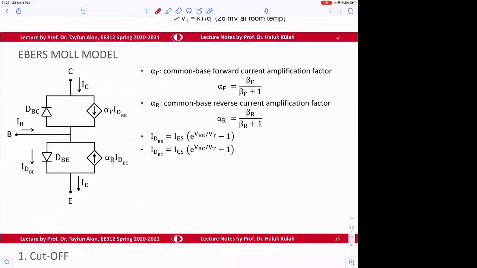So now this is the real model that we'll be using. Two people, Ebers and Moll, developed this model. They say the transistors or diodes are not good representative of the device, because in saturation there are more currents involved, for example, and in forward active, one diode is off, but still there's current coming.